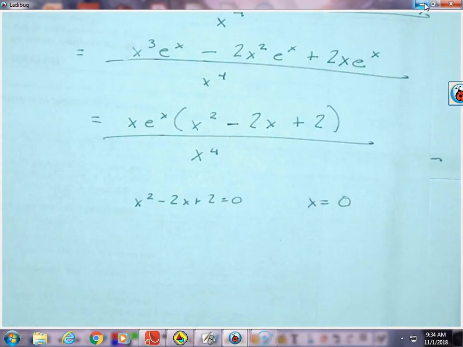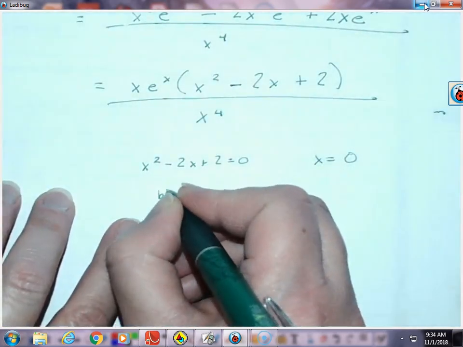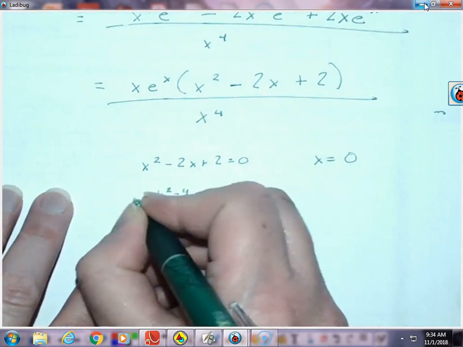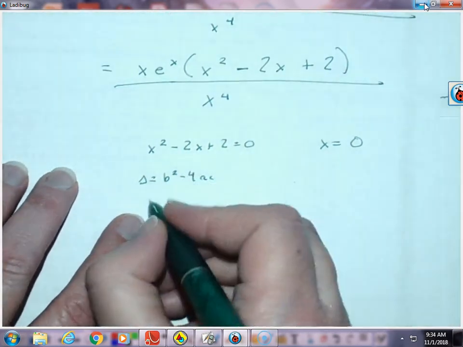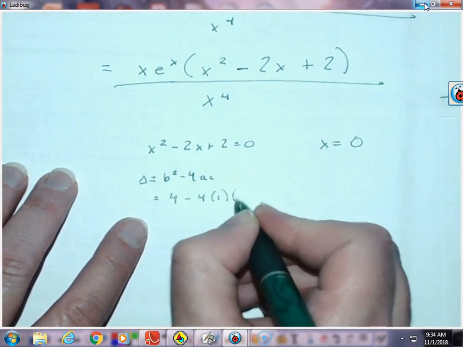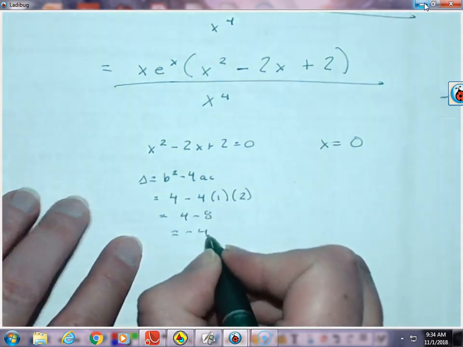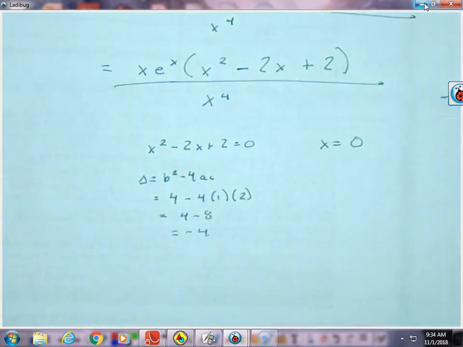I don't think so. Another thing we could check real quick just to make sure is the discriminant. So I'm going to do b squared minus 4ac. That would be 4 minus 4 times 1 times 2, so 4 minus 8. If the discriminant's negative, what does that tell you?